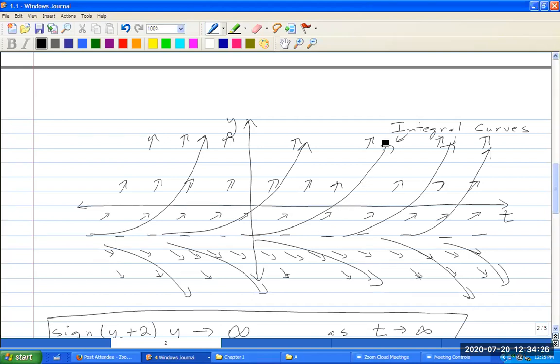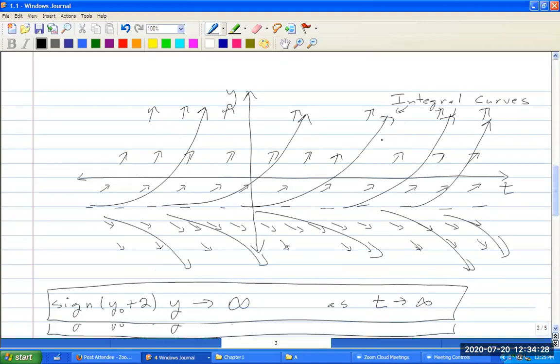So you notice that if the initial value is greater than -2, you go off to plus infinity.